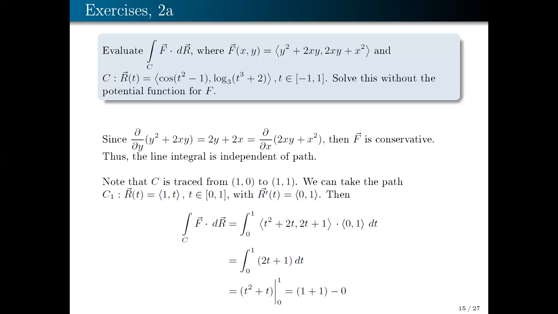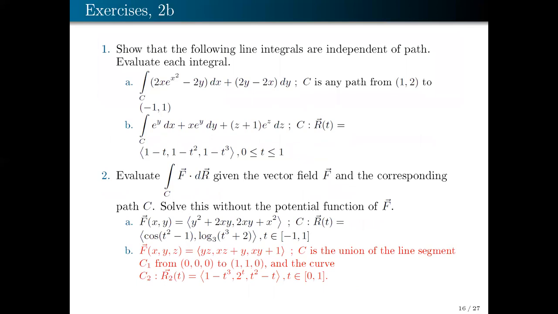So now the line integral of f dot dr along C has value 2, which is again obtained using a different path connecting 1, 0 and 1, 1. That other path is justified by the fact that the line integral is independent of path. Okay? So that's a 2-variable example.